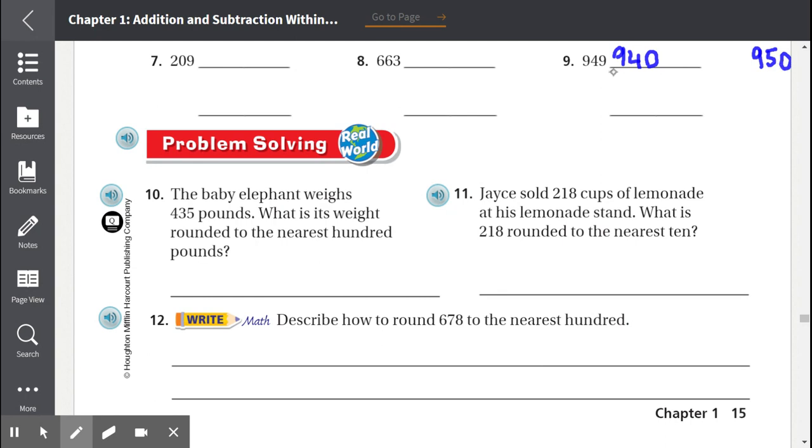Now let's find what's in the middle of 940 and 950. The number that's in the middle of 940 and 950 is 945.